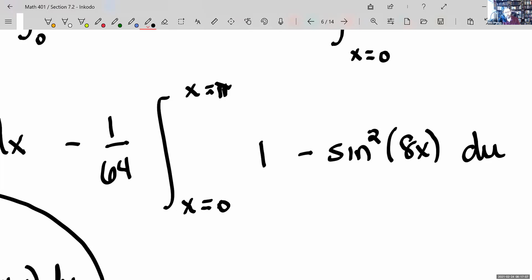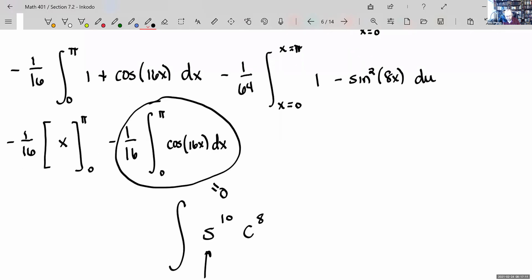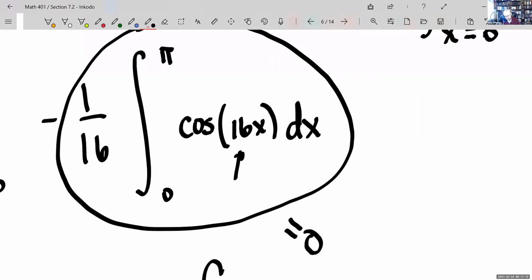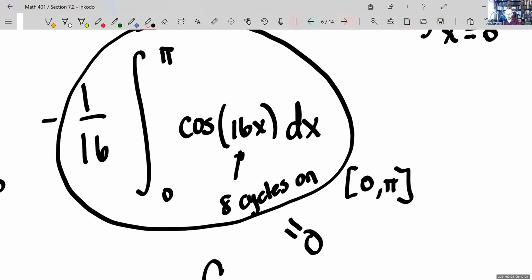But I would not memorize that. I'd actually use just logic. Like the logic here is it goes through 16 full cycles from 0 to 2 pi. So it goes through 8 cycles on 0 to pi. And remember, each full cycle, the cosine zeroes out. So it's 8 full cycles of zeros. So that's a really clean way that you can guarantee.